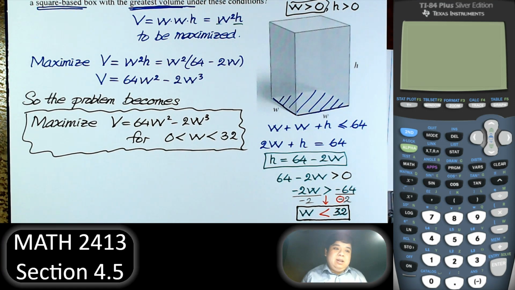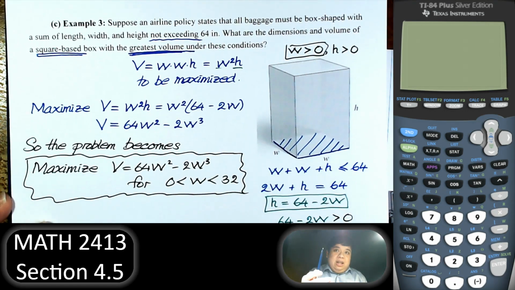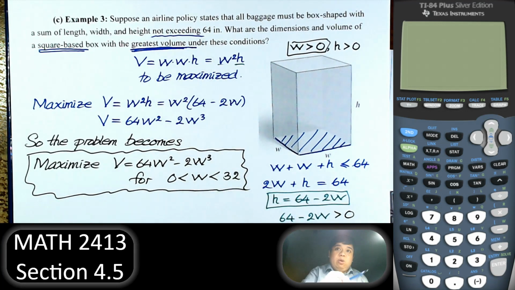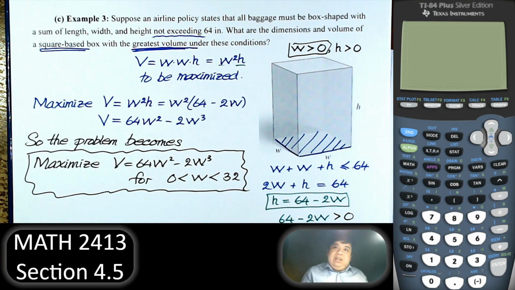Right. So they don't put the constraint in terms of volume. They put the constraint in terms of 64. In that case, the length, the width, and the height, none of that can be more than 64 inches. Even if you carry the fish pole or the golf club or anything, it has to be less than 64 inches, or otherwise it will not fit this criteria.